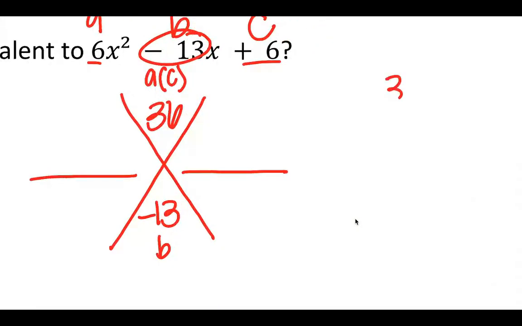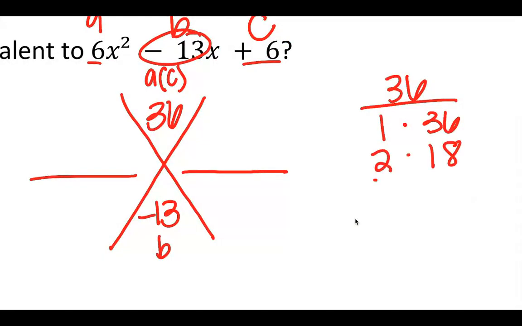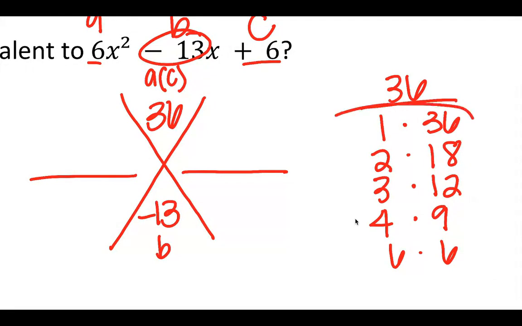So you might have to come over here and write out, okay, 1 times 36, 2 times 18, 3 times 12, 4 and 9, 5 no, and then 6 times 6, and I know I'm done. So it's got to be one of those sets.